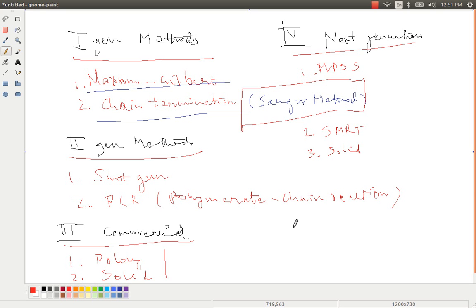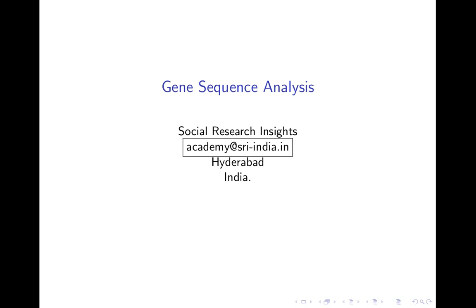Those datasets are produced by the scientific community through these methods. Once the dataset is available from the repositories, the job of the data analyst starts, and we have clearly defined statistical methods to do the analysis on the gene sequences. The idea of this presentation is to throw some light on these methods, I mean the statistical data analysis.